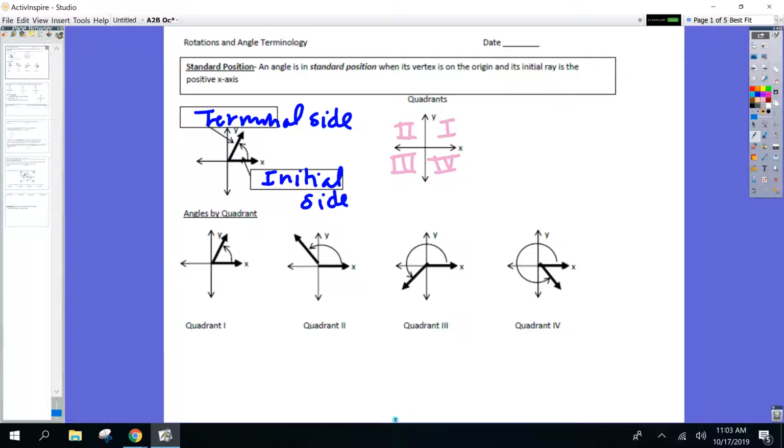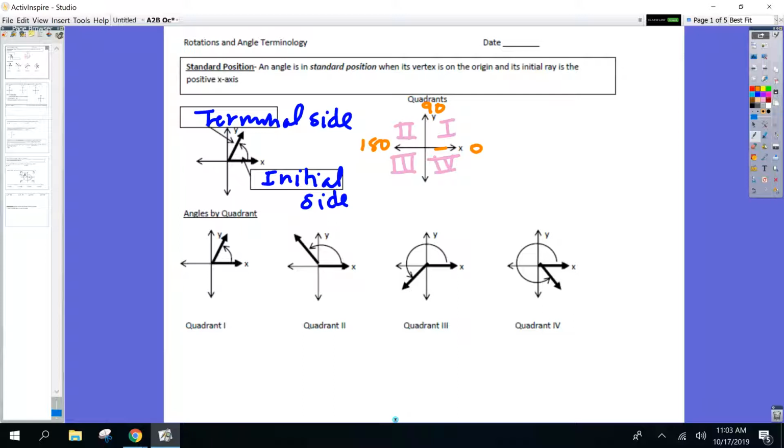Okay, now before I get into actually graphing these, anybody know what type of angle is formed right here with this x and this part of the y-axis? 90 degrees, right? So if I start at 0 on the initial side and I go up to the y-axis, that's 90 degrees. What do you think it is as I go another 90 degrees? 180.